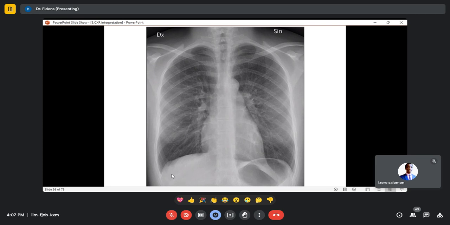Otherwise, you should have seen it the same, like you see it here. You can even have a pneumonia located at this level, and you are able to diagnose it because this is lung. Posteriorly, the costophrenic angle goes deeper than anteriorly. That's how your anatomy is.